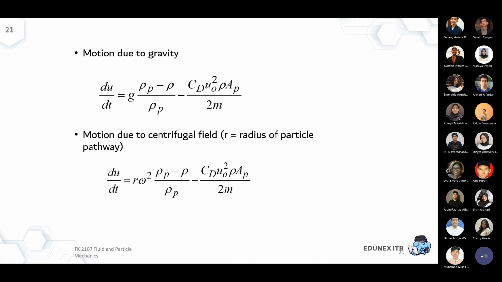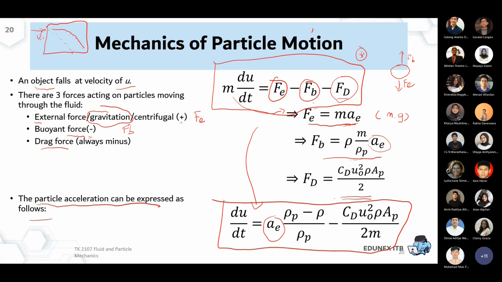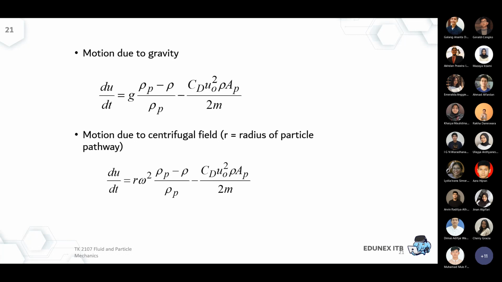And motion to gravity. Now, the link between this previous slide, just focus on this AE part, the acceleration of the external force. If we're working with gravity, of course AE can be substituted with the gravity constant, 9.8 meter per second square.